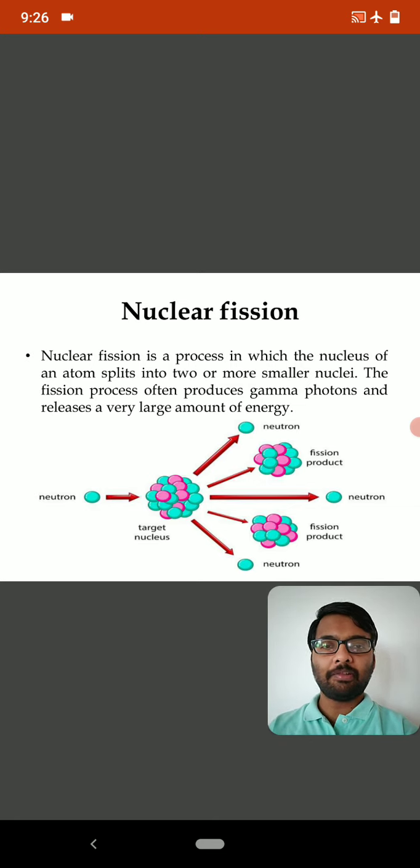Along with the fission fragments or fission products, a large amount of energy is released, and certain gamma photons and neutrons are produced. So that is nuclear fission.